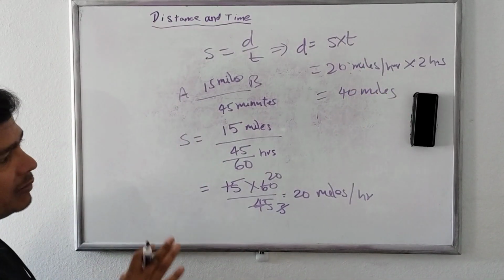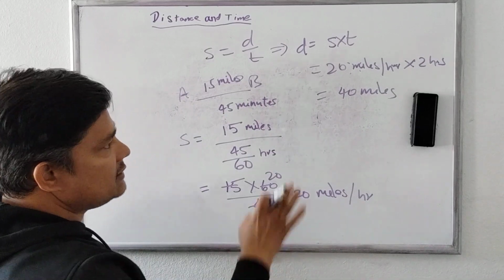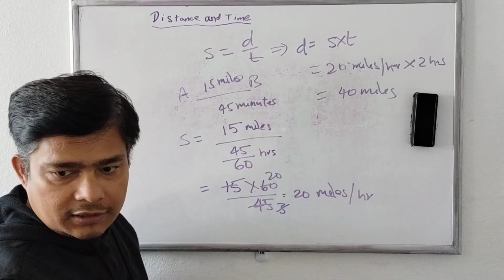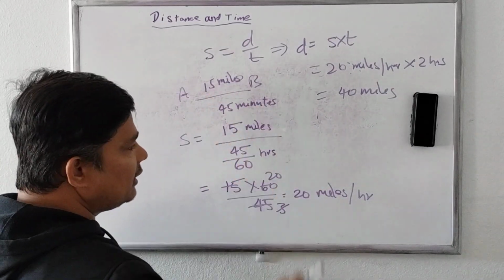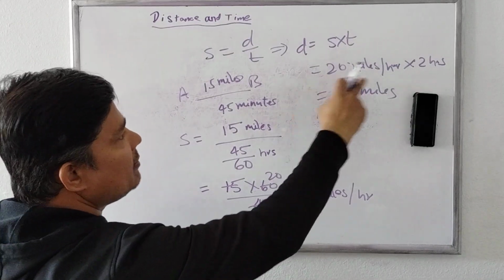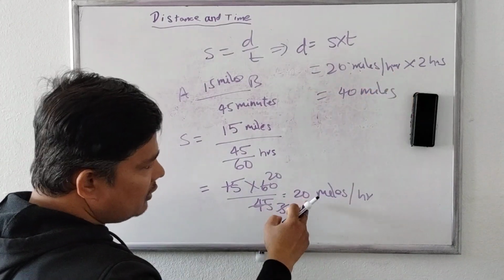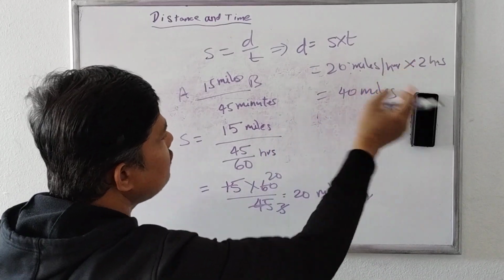Always remember, make sure the unit you are using is the same everywhere. If you compute the speed like miles per minute and then you try to find how many miles it will go in 2 hours, you have to convert these 2 hours into minutes.